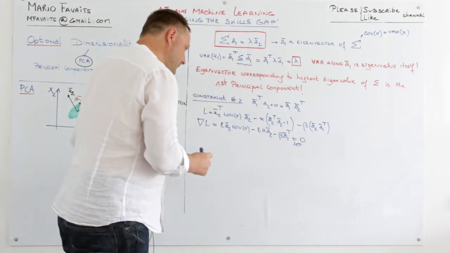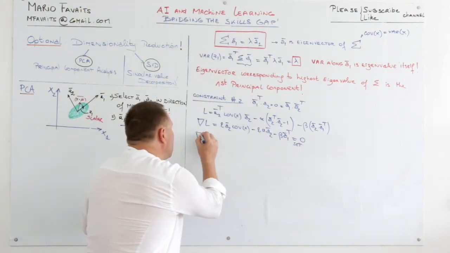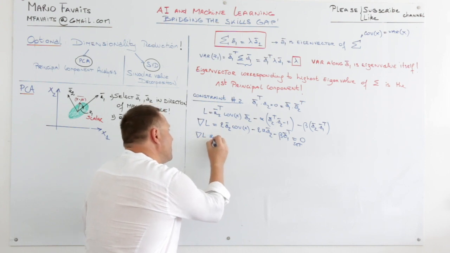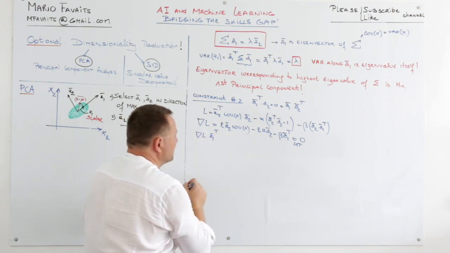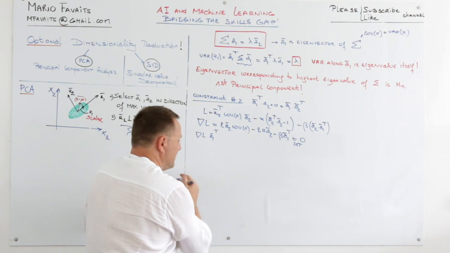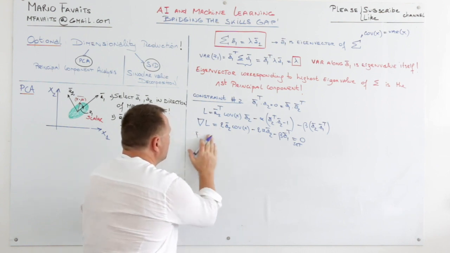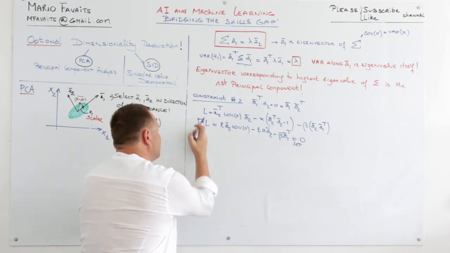Okay. So now what we're gonna do is we're gonna multiply this Lagrangian with A1 transpose. So let me actually put it a bit lower so that we have space.